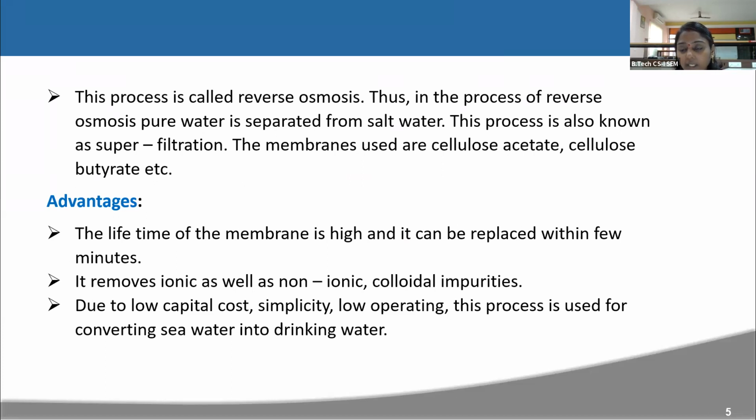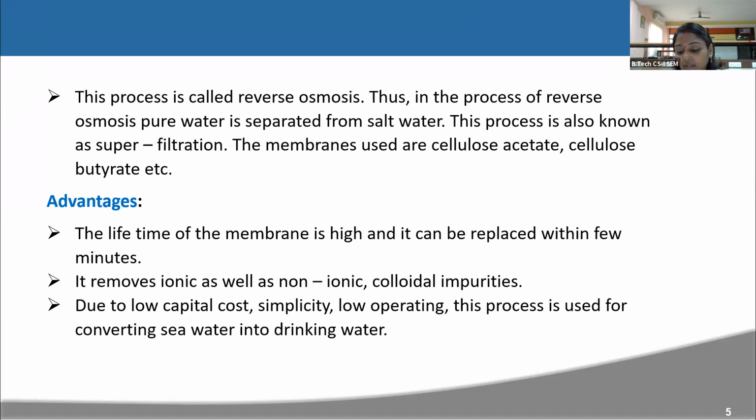Although the installation cost is high, the maintenance cost is low. First we have to invest, later the maintenance cost is low only. The membrane can be replaced in 3 to 4 minutes, and hence we get an uninterrupted water cycle. Those are the advantages.